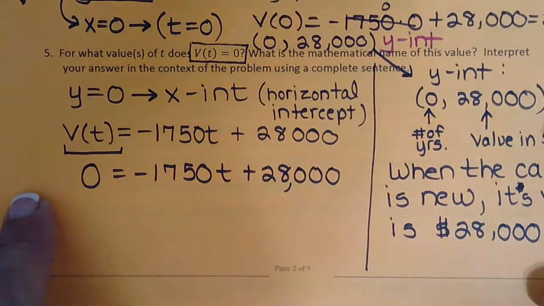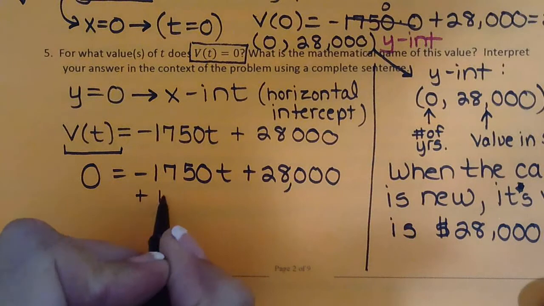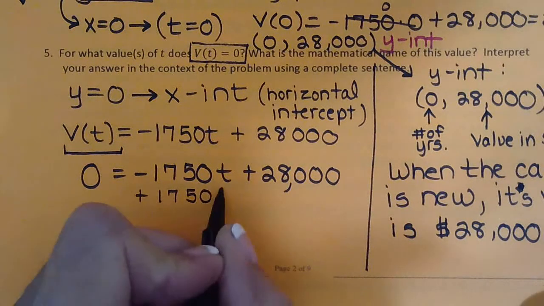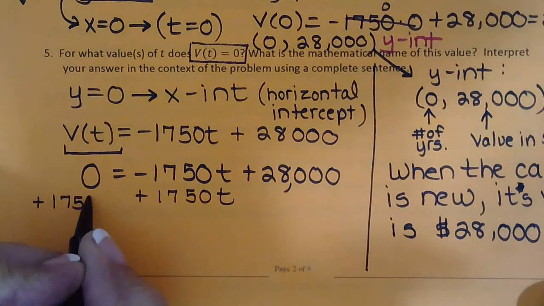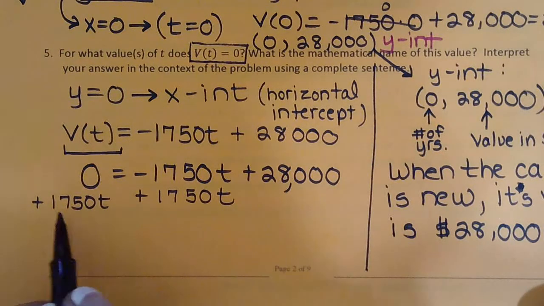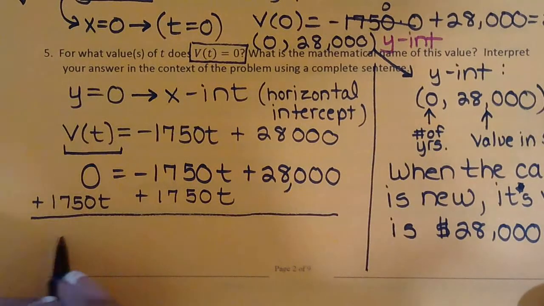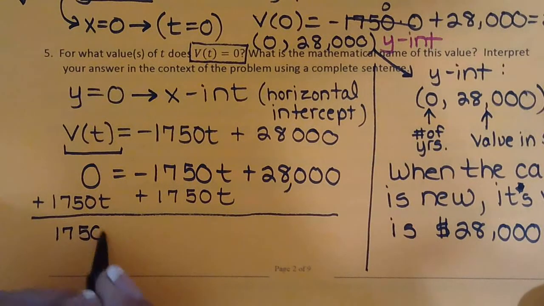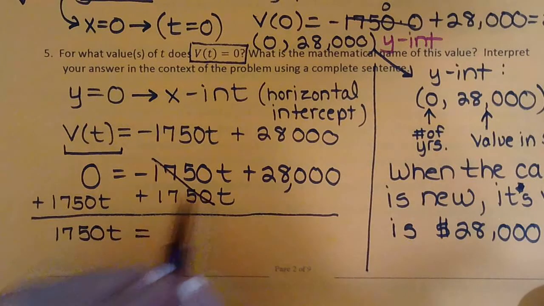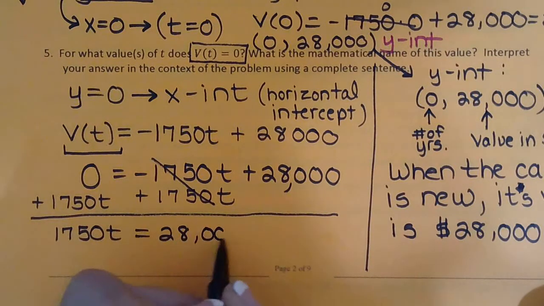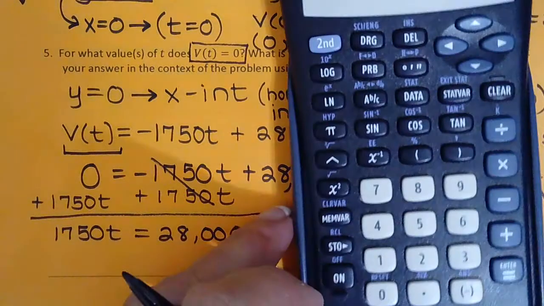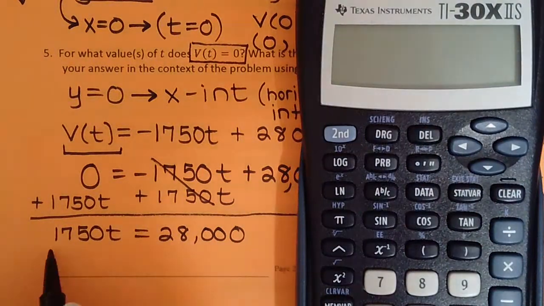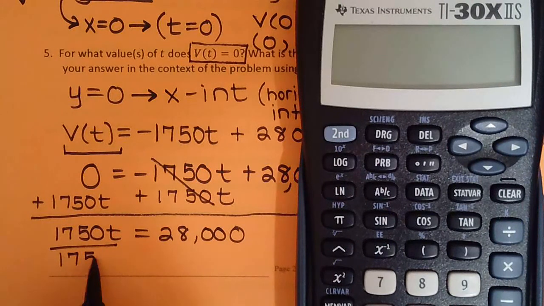So I need my letters to the left. So anything with a variable on it moves left, and anything without a variable on it stays right. So now my new equation is 1750t equals 28,000. So to solve that, we have to divide both sides by 1750.